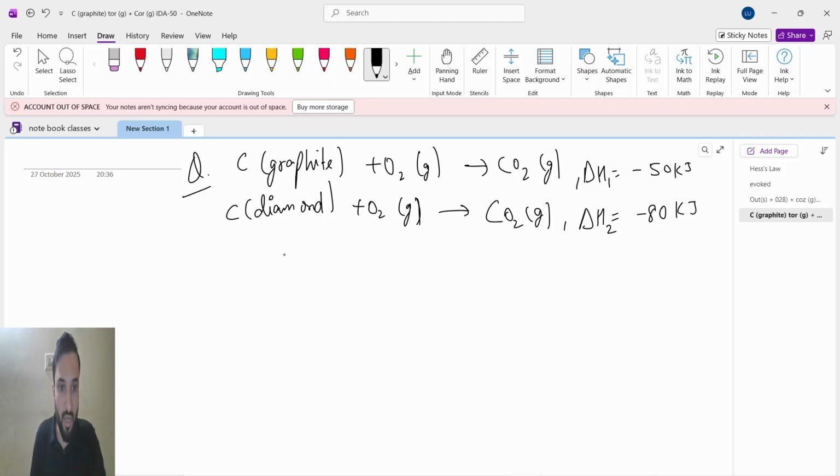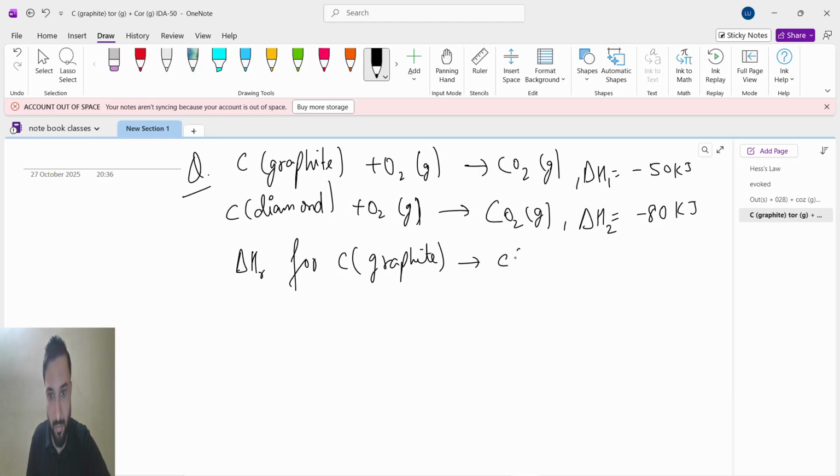Okay, so we have to find the enthalpy of reaction, where carbon in the graphite form will give the carbon in the diamond form. Okay, this we have to form. So first of all, we want the carbon in the graphite form on the reactant side.